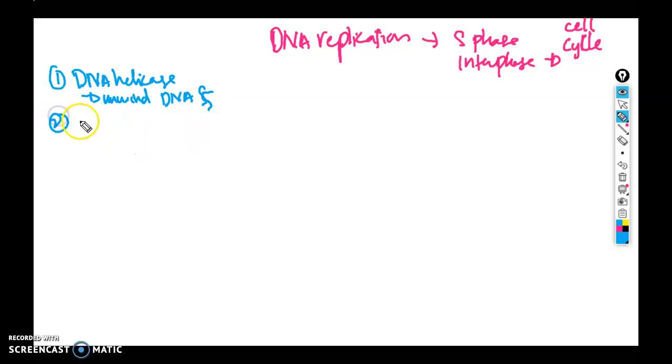Number 2, single-stranded binding protein, untuk stabilize the single strands of DNA.